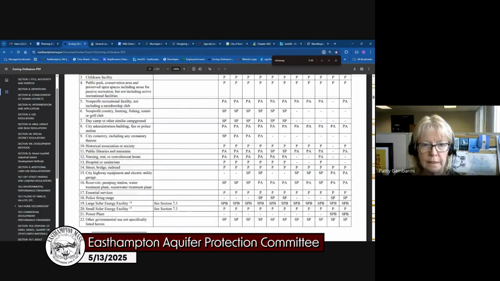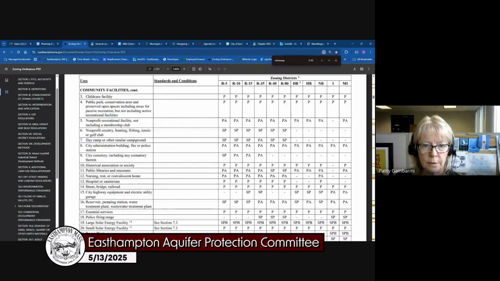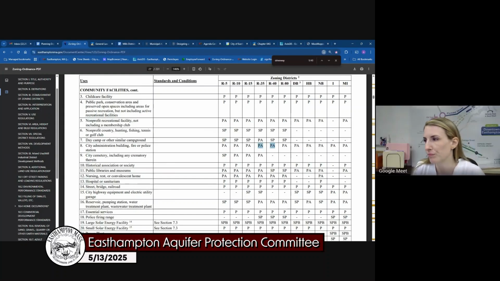These all are in the aquifer; park and recreation is allowed. What I was surprised by was a city administration building, fire, police station. But that is site plan approval, right?